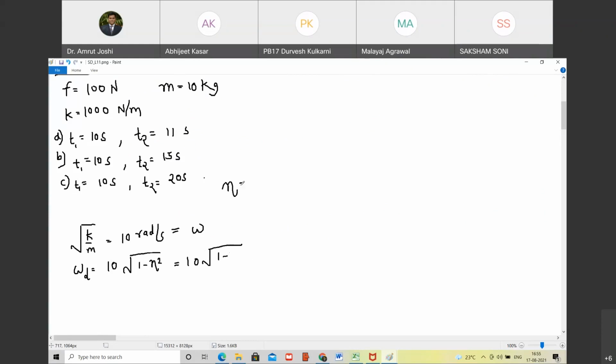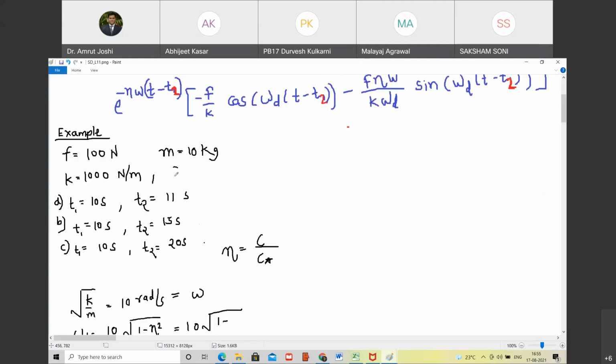Eta is equal to C upon C star. Let us take C is equal to 50 kg per second. As it is less than 200 kg per second, which is C star, therefore, it is an underdamped system.